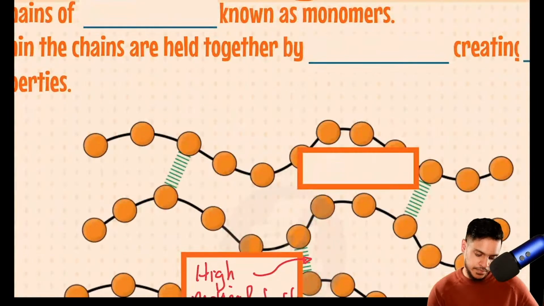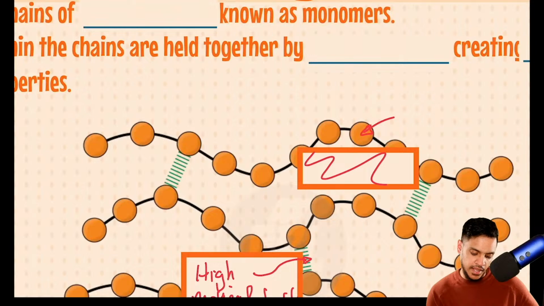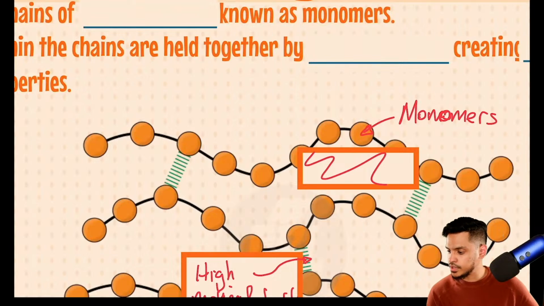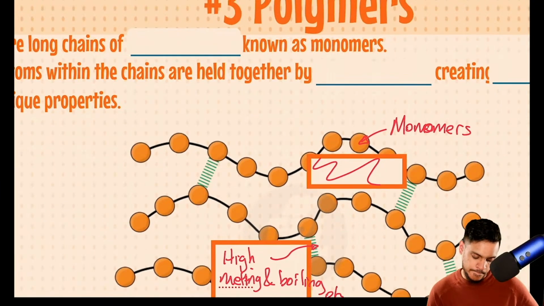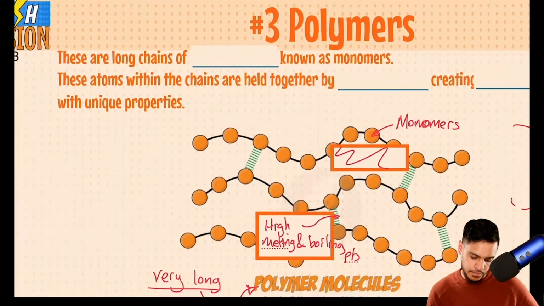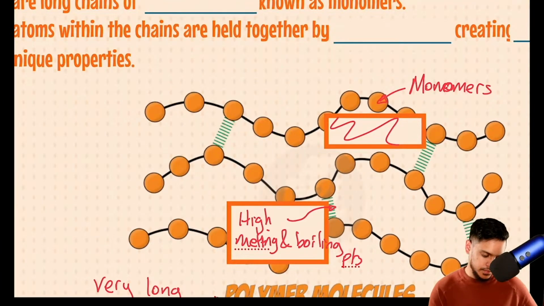These individual parts here, that's what this box is meant to be, but I'm just going to label it here. These are called monomers. Loads of monomers joined together to form polymers. High melting and boiling points, I wrote that there.